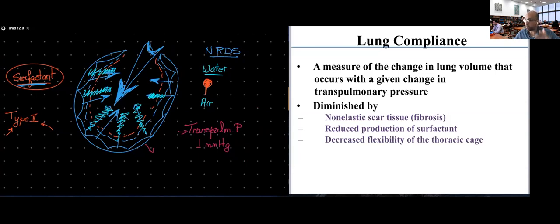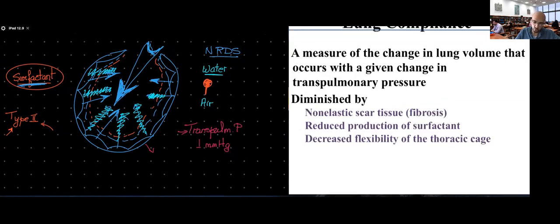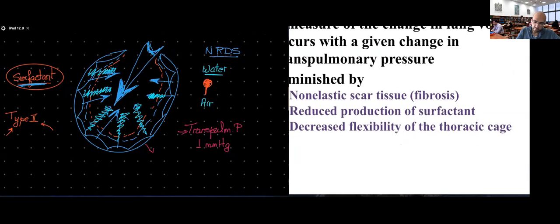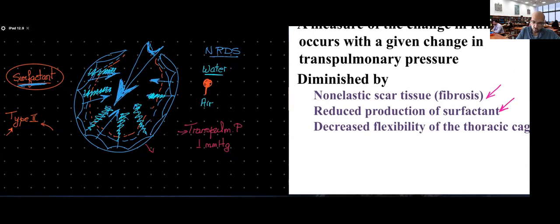So in this case, am I following the rules? I'm not following the rules in this case. So also here, this is going to be a diminished compliance in case of reduced production of the surfactant.